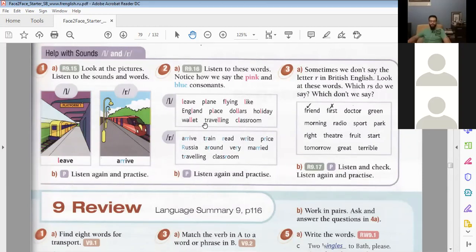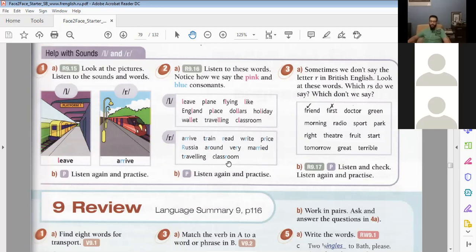Arrive. Train. Read. Write. Price. Russia. Around. Very. Married. Traveling.